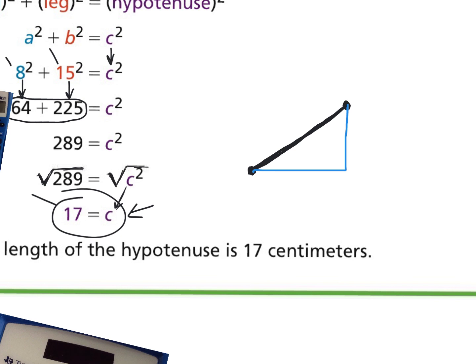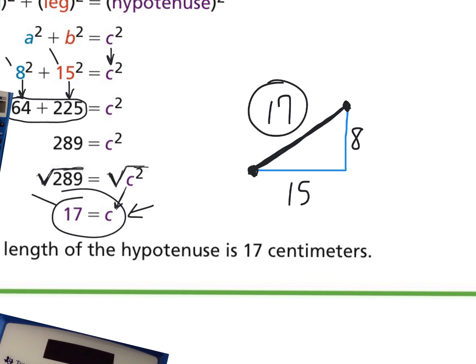So just like that, when we're looking at the sides on this triangle, I kind of flipped this around, but this was 17, 15, and 8. That 17, if I'm going from one point to the other, is going to be the shortest distance.